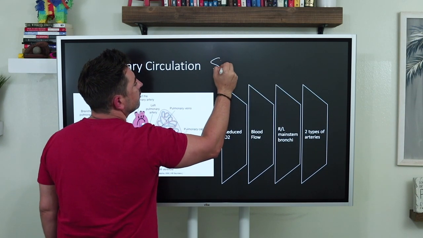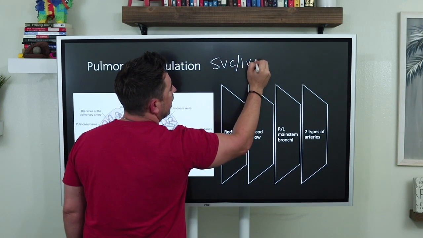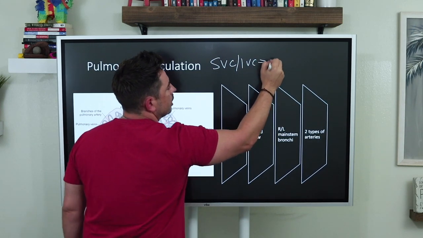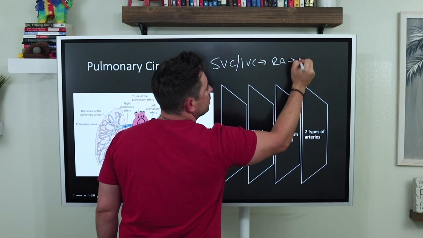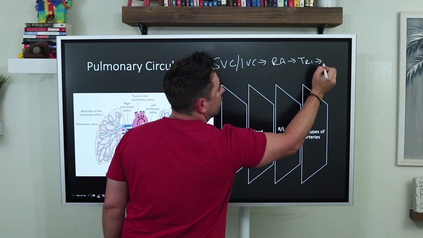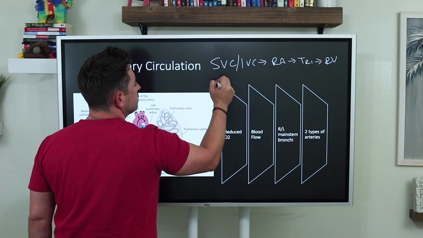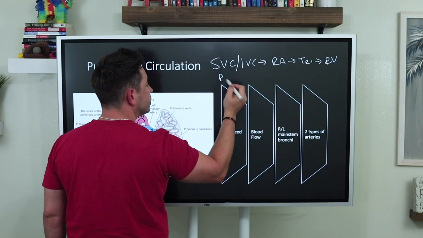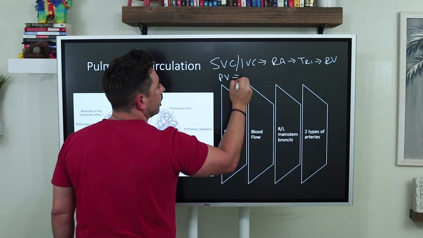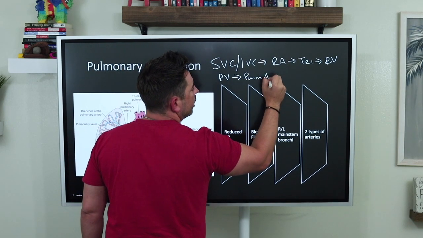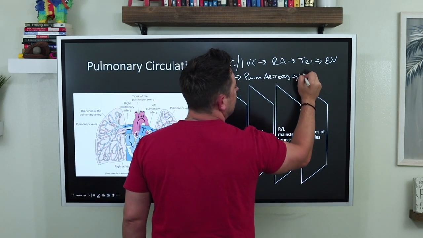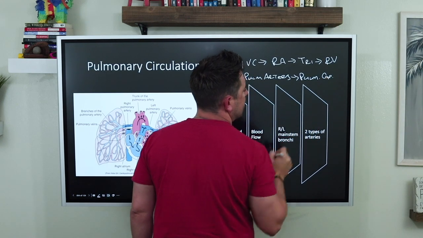You have the superior vena cava or the inferior vena cava that goes into the right atrium, that goes into the tricuspid, that goes into the right ventricle, that moves into the pulmonic valve, into the pulmonary artery, that then gets to the pulmonary capillaries for gas exchange.